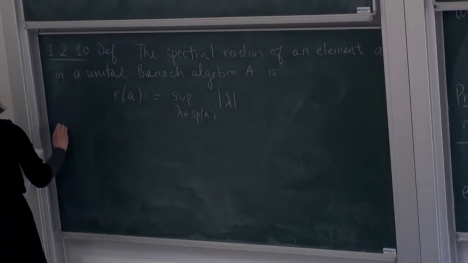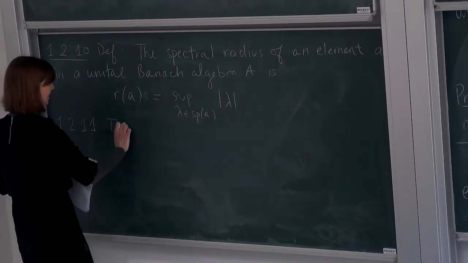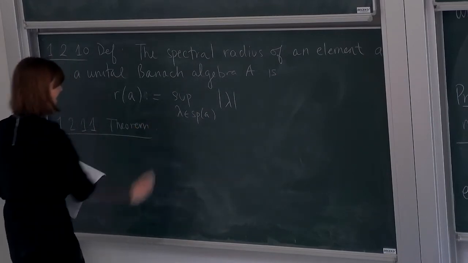But we can say a little bit more. And in fact, when we eventually get to C-star algebras, we'll see that we have an even nicer characterization of the spectral radius.